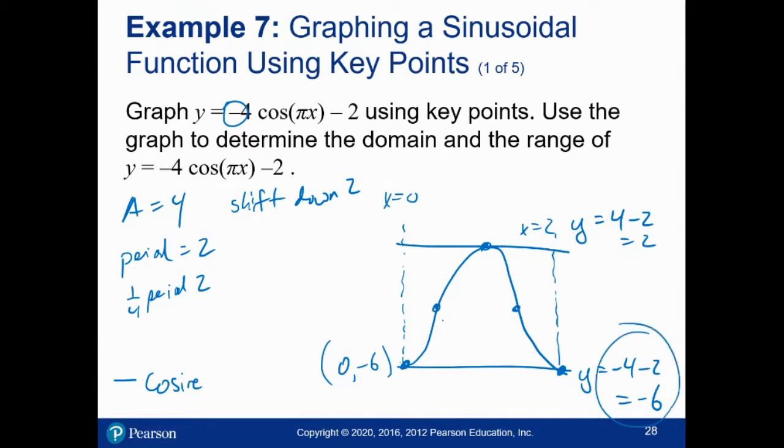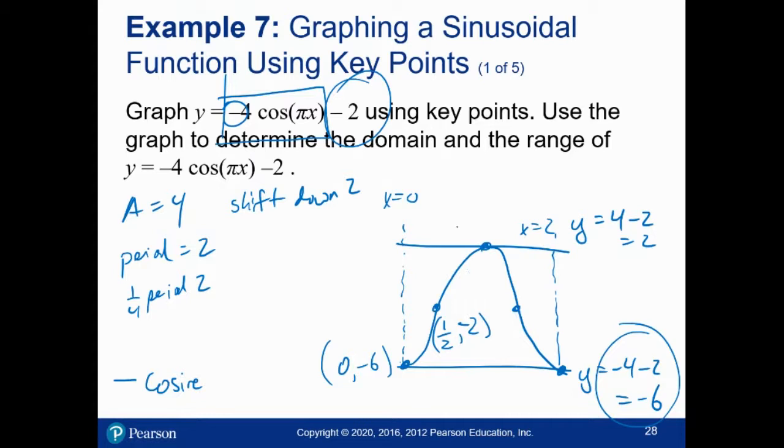This point is a quarter period further, so that's 1/2, and it's going to be at the middle value. What's the middle value between the lowest, -6, and the highest, 2? You can take the midpoint and you'll get -2. Alternately, in my cosine curve, if I get a 0, overall I now have -2.